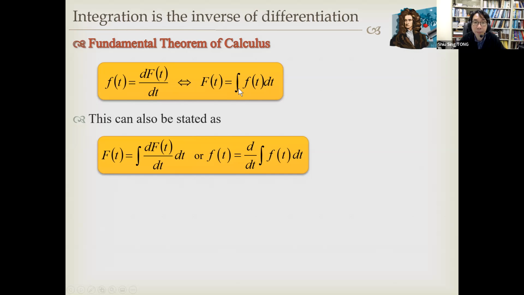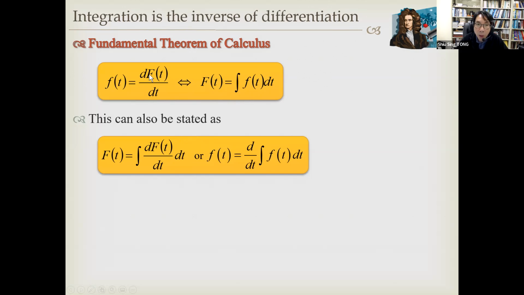They are reverse operations of each other. So from differentiation, you go from the big F to the small f, and from integration, you go back from the small f to big F. Now I can also state the fundamental theorem of calculus like this in terms of a single function.